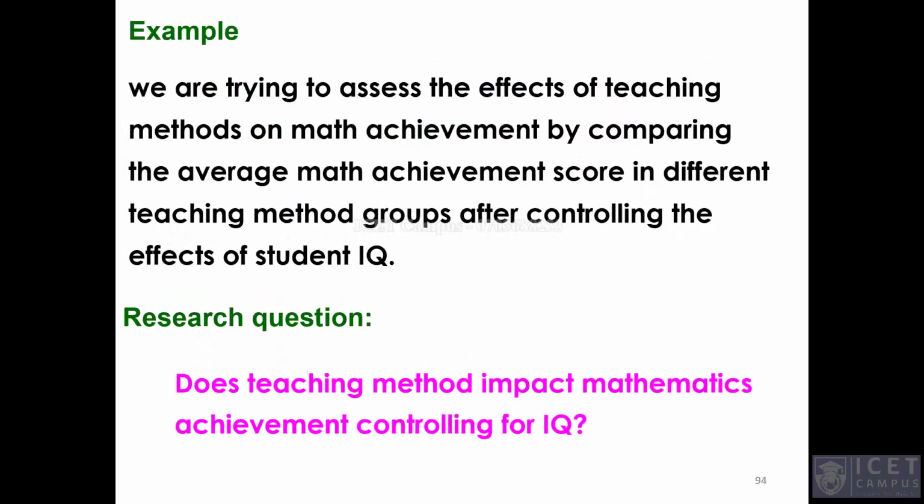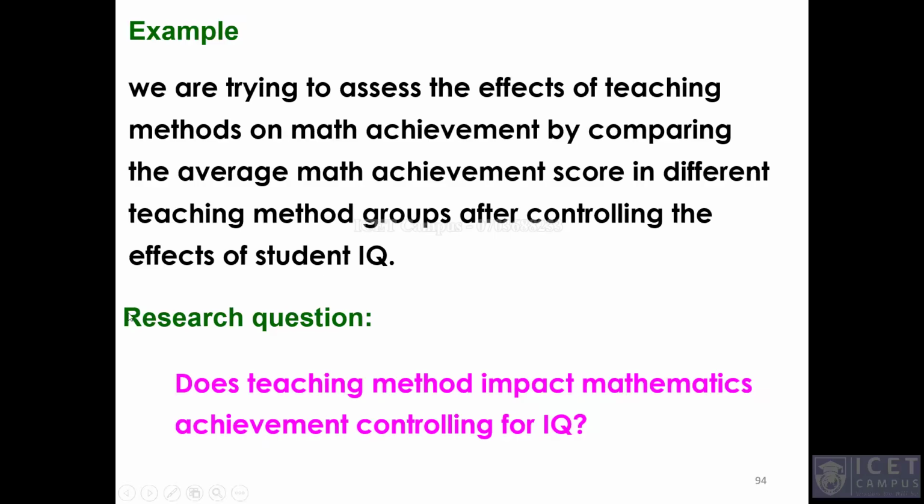Right, there is an example. We are trying to assess the effects of teaching methods on math achievement by comparing the average math achievement score in different teaching methods, after controlling the effects of IQ. Research question: does the teaching method impact mathematics achievement when controlling for IQ?